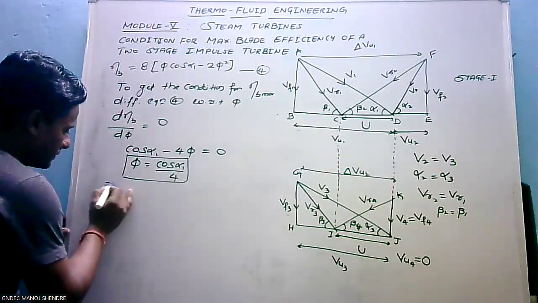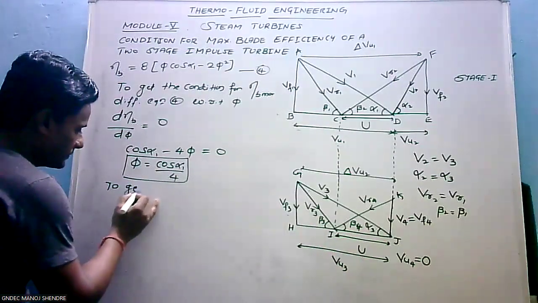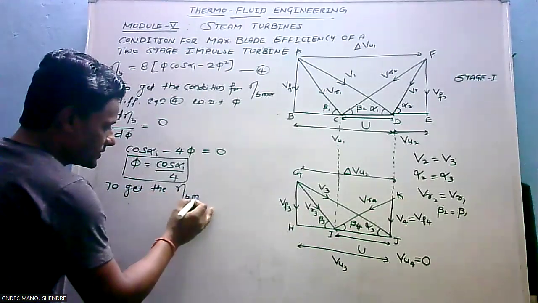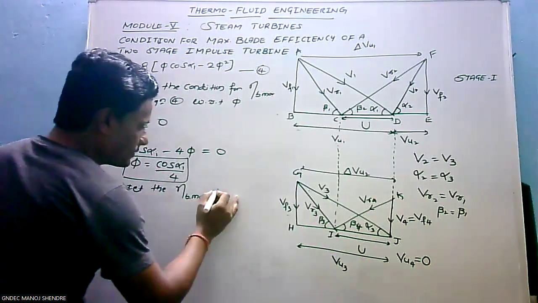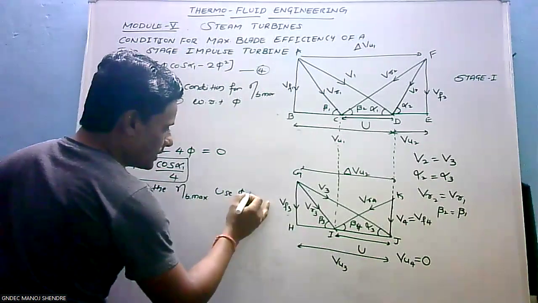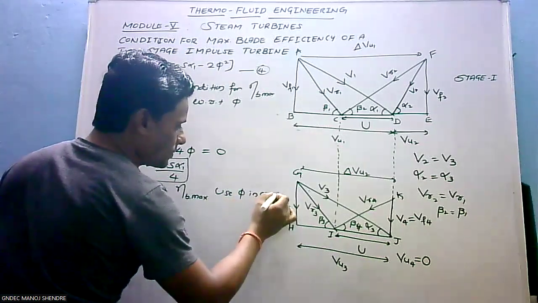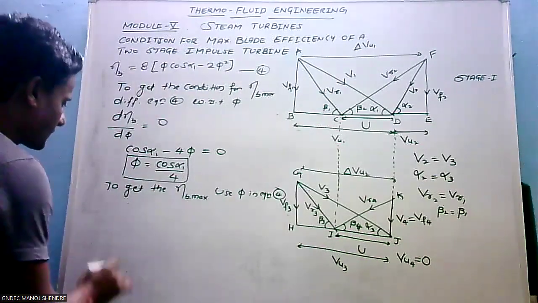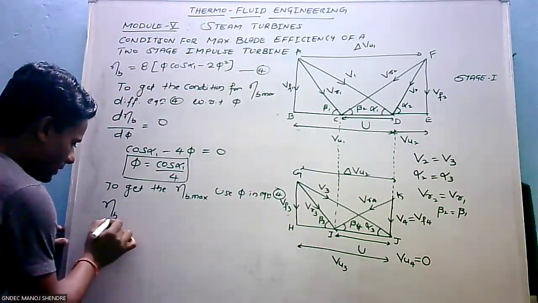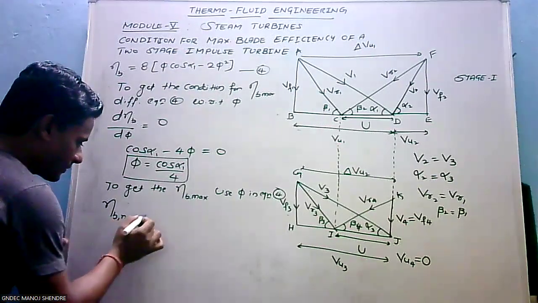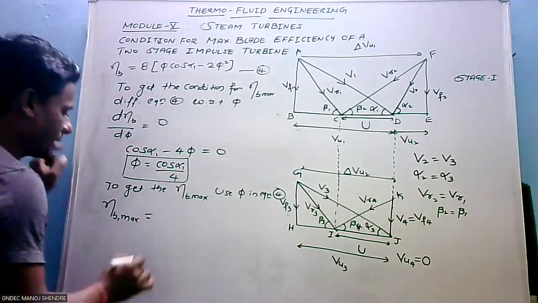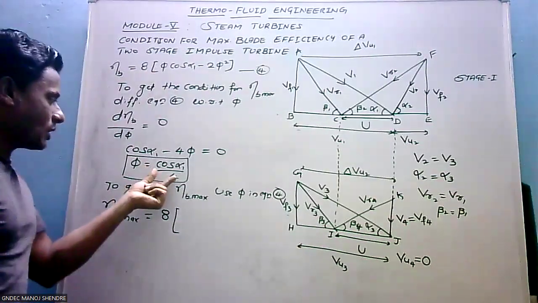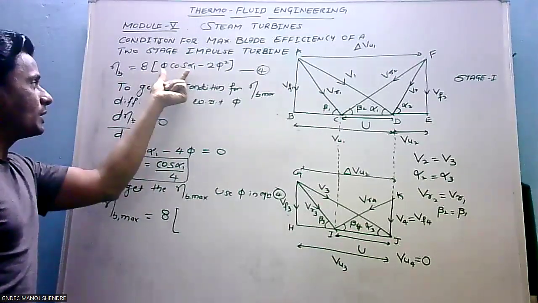Write down: to get the maximum blade efficiency, substitute phi in equation number 4. So equation number 4 will become eta b max equals 8 as it is, into phi, which is cos alpha 1 by 4, into cos alpha 1.